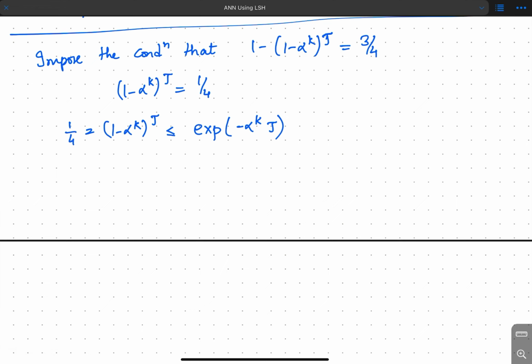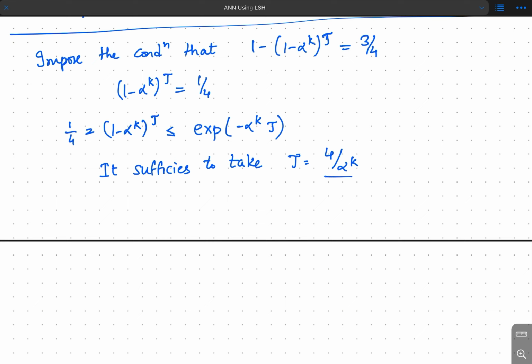So for this to hold, we say that it suffices to take tau to be 4 by alpha^k.